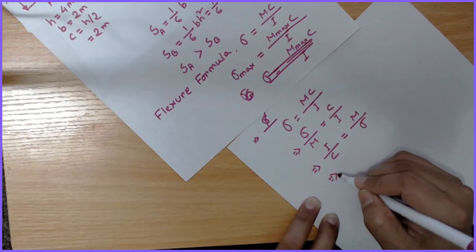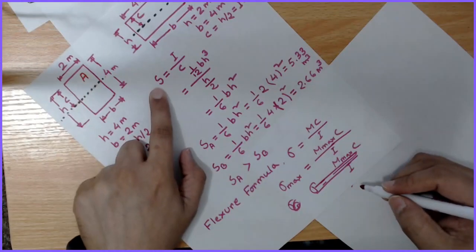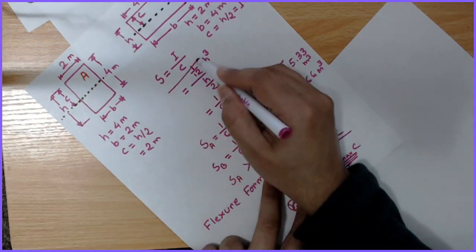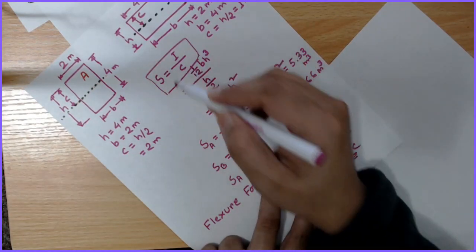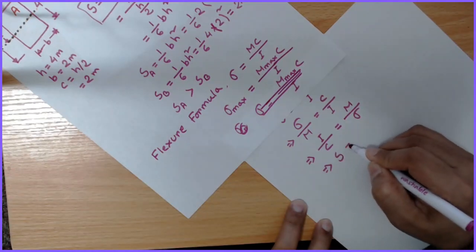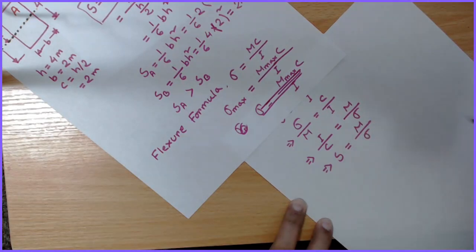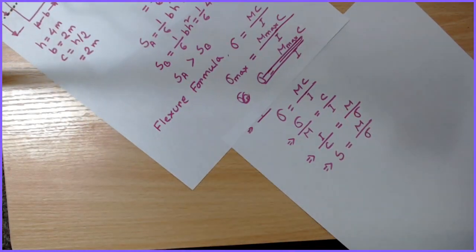So what is this I divided by c? This I divided by c is S. So S is equal to M by sigma.